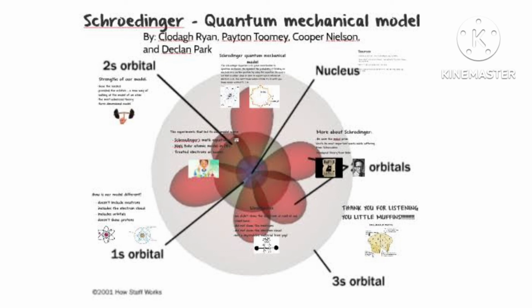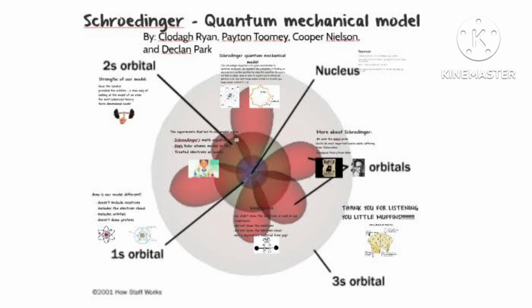And it was allowed solutions of Schrodinger wave equation. After solution, it came to know that energy of electron is quantized, means energy level is quantized. Okay, this is the second.